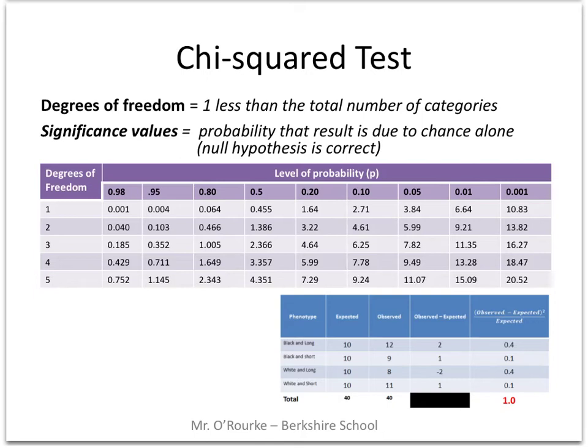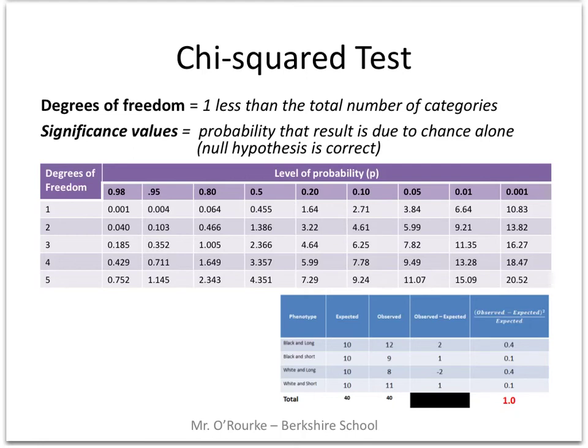Again, our null hypothesis was saying there's no difference. Another way of saying that this is significant is just that not only is this not different, but that the reason why we had 12 versus 10, or 9 versus 10, or 8 versus 10, is just due to random chance. There's no significant effect going on.